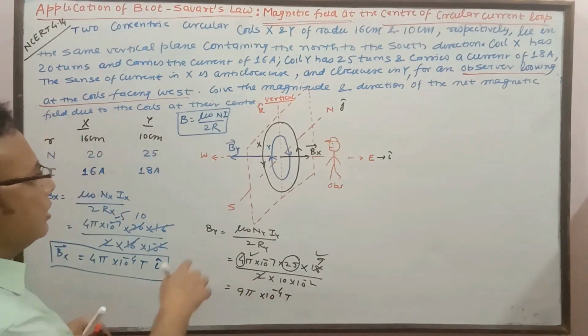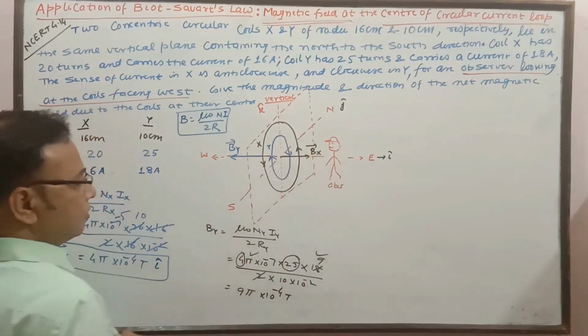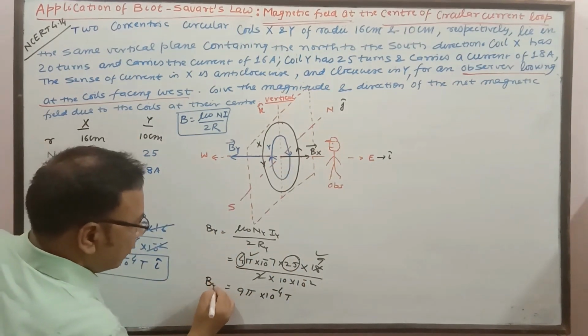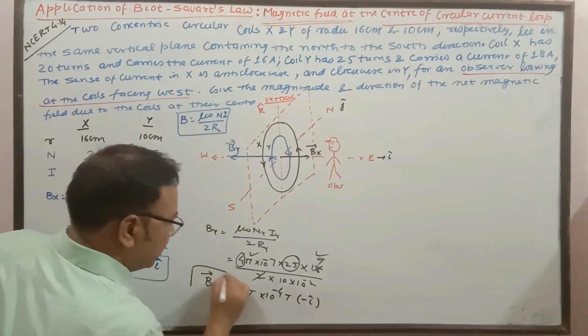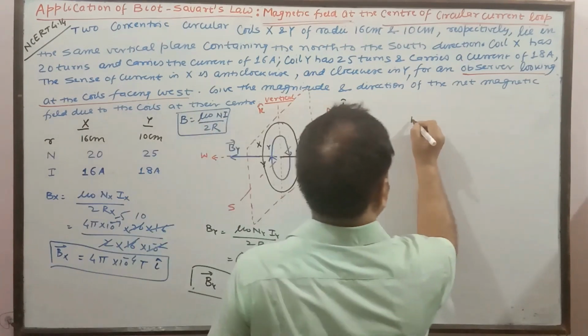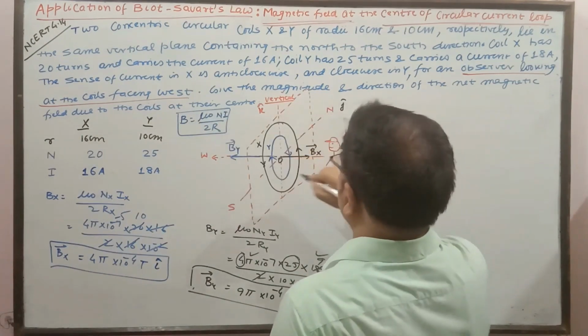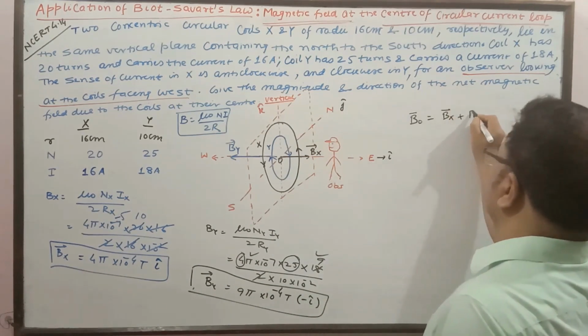Actually, this By is in the direction of minus y, so we write By vector is equal to minus I cap. So that is what we have. Now the net magnetic field at this center O: Bo is equal to Bx plus By.